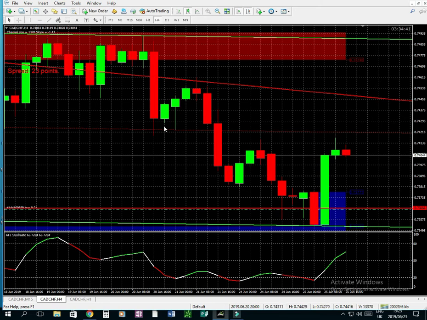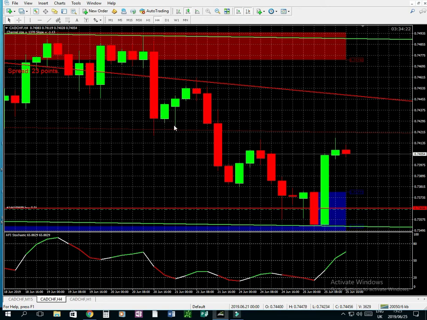So here is the impulse going up in this square box, hence there's this wick also. So we want to place our sell stop below almost every wick. So this is the relevant wick, and also this one is a very valid wick.